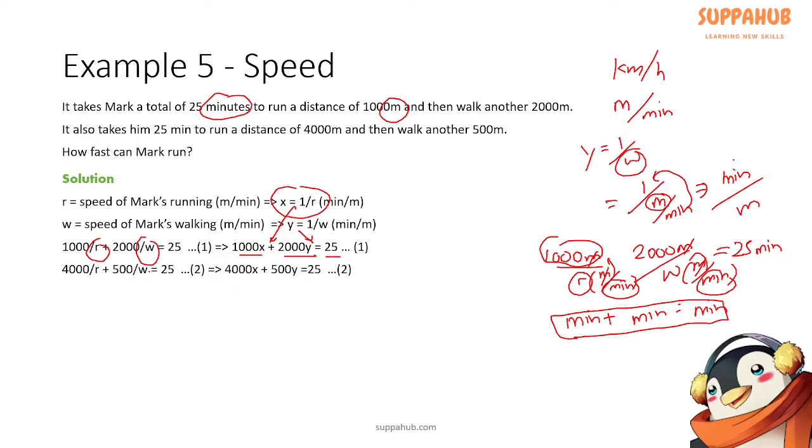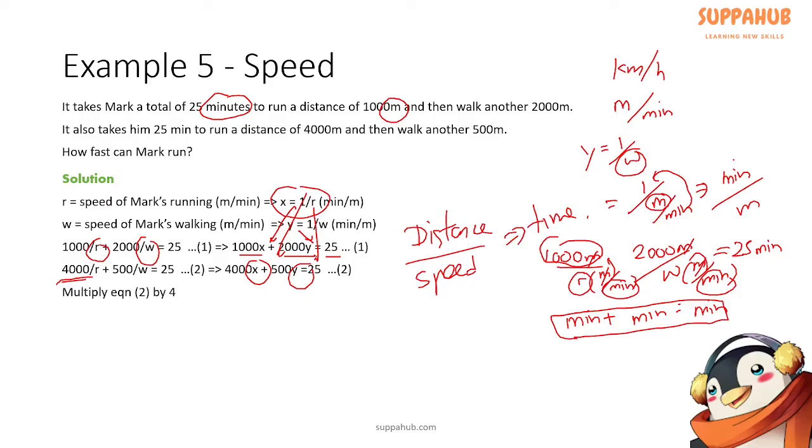Then the other one is just the same. 4000 divided by r gives you the time taken to run 4000 meters, because distance divided by speed gives you time. So basically 500 divided by the walking speed, plus that, gives you 25 minutes. Again, we just substitute x and y into these equations, so it's easier.